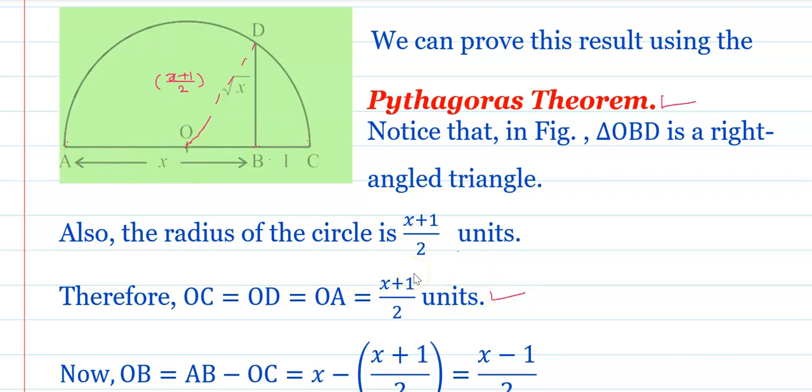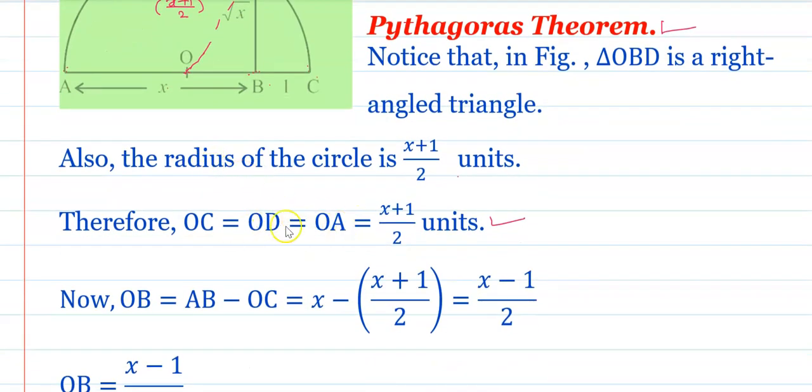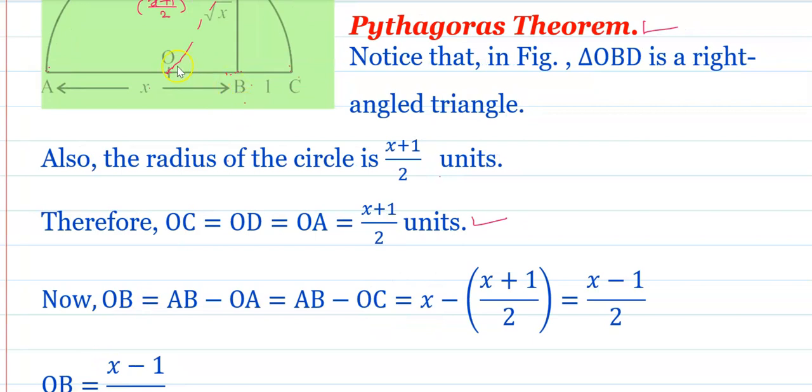Next we will find out the OB distance. We know OC is x plus 1 upon 2. Suppose I want to find this OB distance, then OB is equal to AB minus AO.